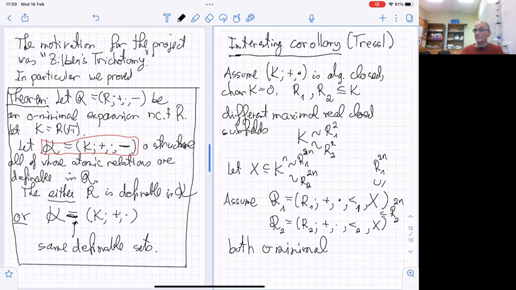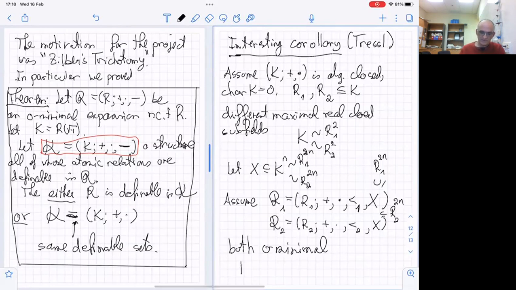Right? X is just an arbitrary set. Assume now X is an arbitrary set in K^n, such that when we expand R1 with it, we get an O-minimal structure. When we expand R2 with it, we get an O-minimal structure. For example, like X being a K definable set, or X being a K algebraic set, this will be the case because they will be actually already definable in R1 and in R2.